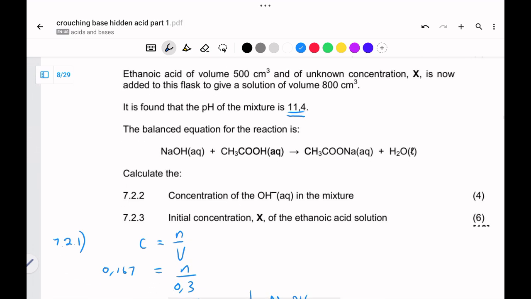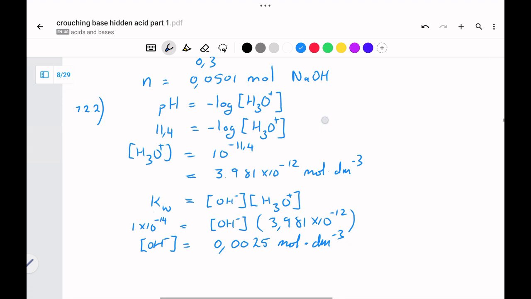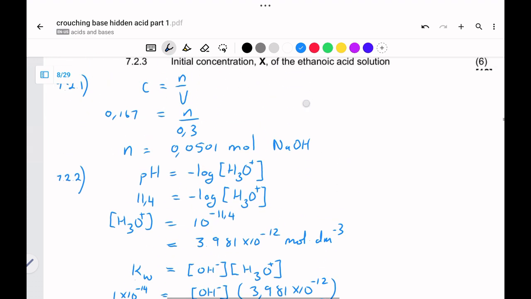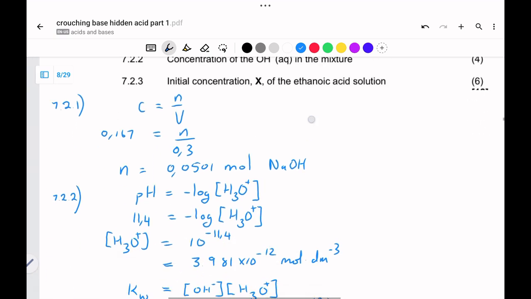In fact, we essentially just calculated the concentration of the base, and we know how the volume changed. Right, in the final state the volume was 800 cubic centimeters, because we had two solutions, we added them together. Okay, so our sodium hydroxide is in excess, and we're looking for something to do with the limiting reagent.